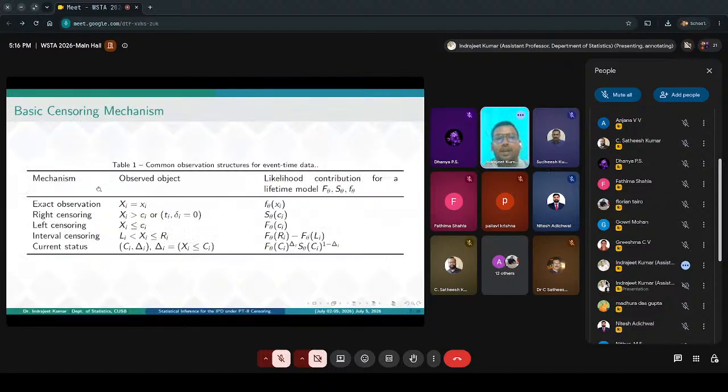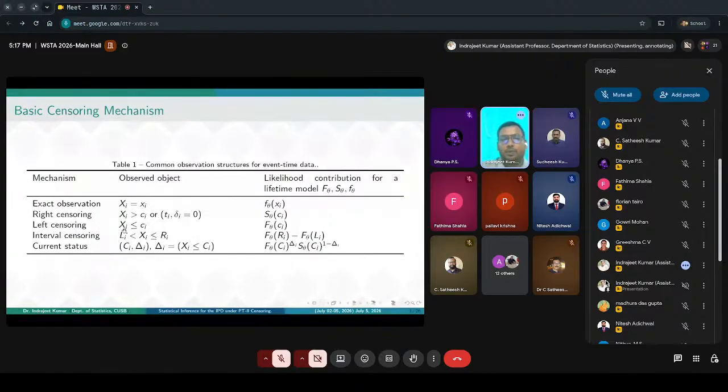This is the mechanism. Suppose we have n experimental units and we test them. If all the units fail in the experiment, we get exact observations. If after time C we have no further information, that is right censoring.